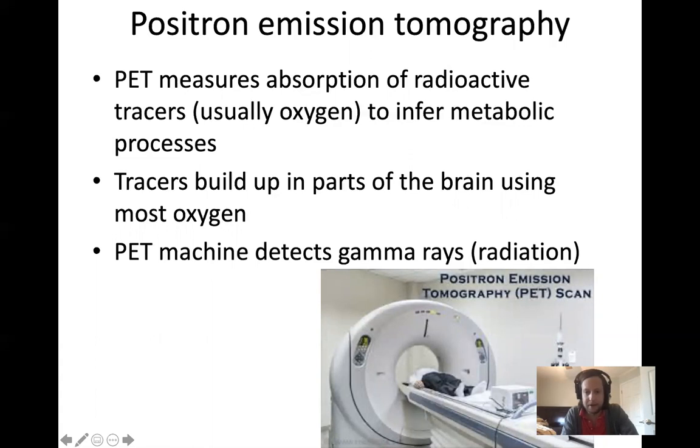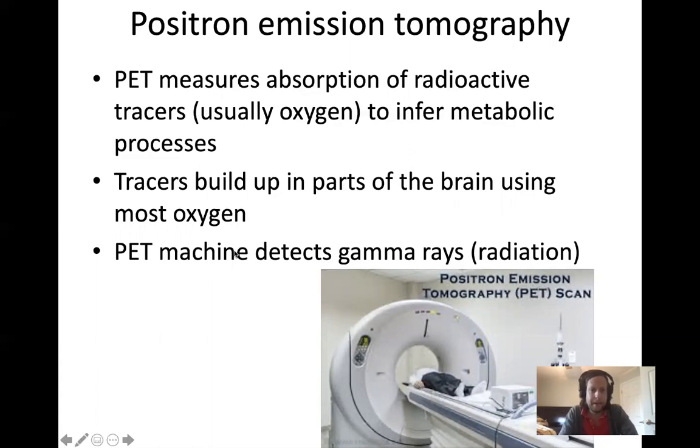It's a big tunnel. Once again, you lay down and put your brain inside. And PET's also similar to fMRI in the sense that it will give you pictures of the brain with different regions of activity. And what that activity basically represents in PET is metabolic activity. It says here, metabolic processes.